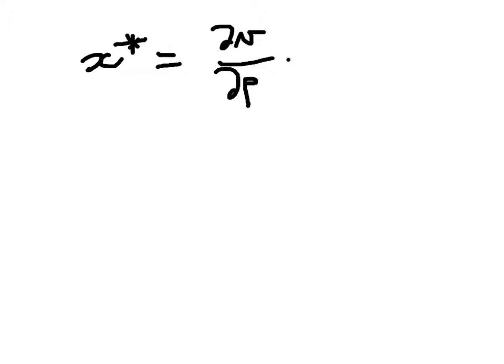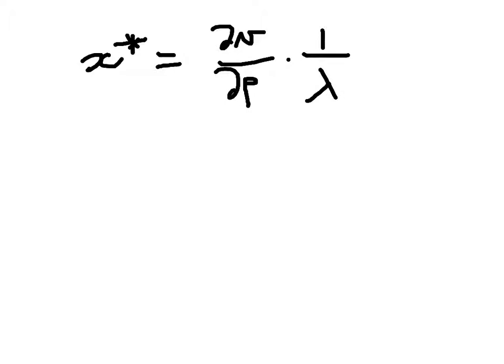From equation 1, I can write that x star is equal to the partial derivative of v with respect to p divided by lambda.